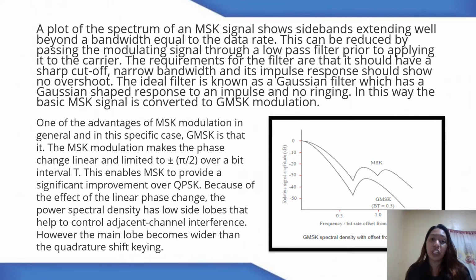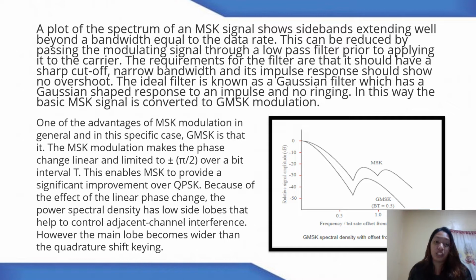The ideal filter is known as a Gaussian filter, which has a Gaussian shape response to an impulse and no ringing. In this way, the basic MSK signal is converted to GMSK modulation.